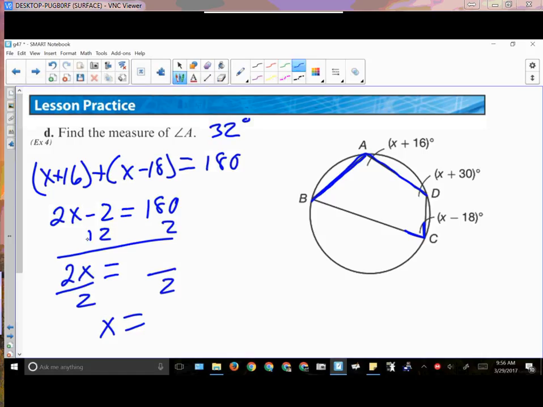That'd be 182, which is why my brain was not working, because I had seen this before and I was just like, oh, what did I do wrong? So this turns out to be what? 91. So now I've got 91 plus 16. So 91 and 16 gives me a grand total of 107.